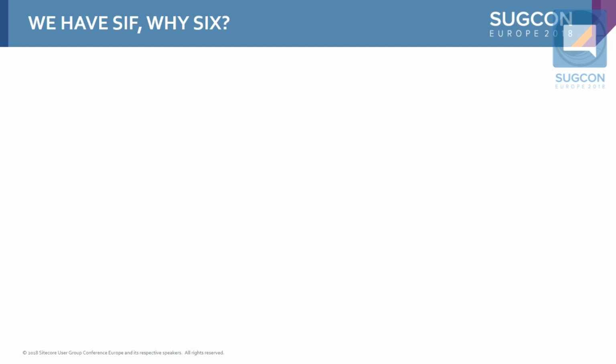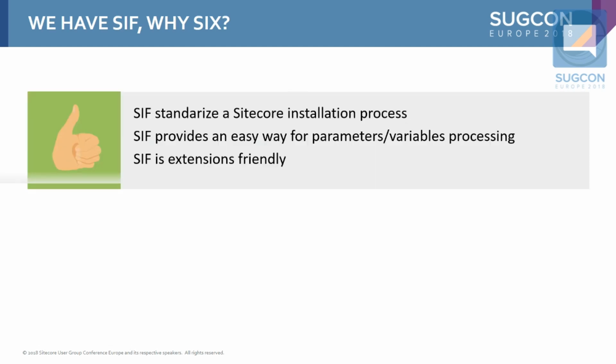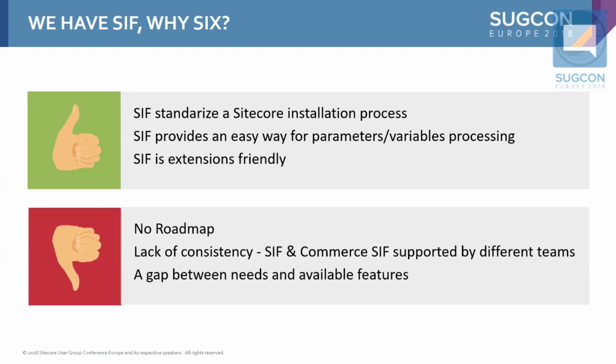Okay, so you can ask, guys, we have SIF. Why did you develop SIX and Sitecore Install Platform? SIF, of course, has advantages, right? It standardizes the way we should install Sitecore, provides quite a good approach to processing parameters and variables, and is extension friendly.